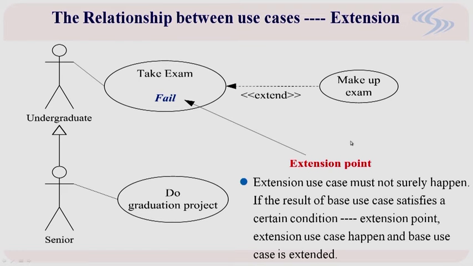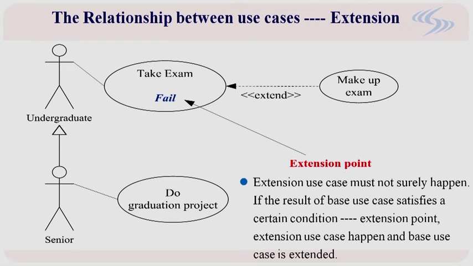Next, extension. Undergraduate should take exam. And maybe some undergraduates have to make up exam. But make up exam does not necessarily happen, because its happening depends on the result of take exam.